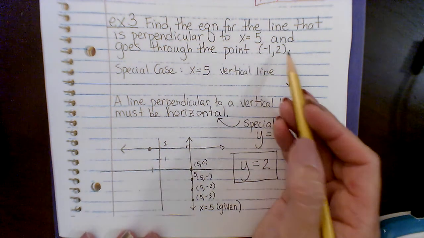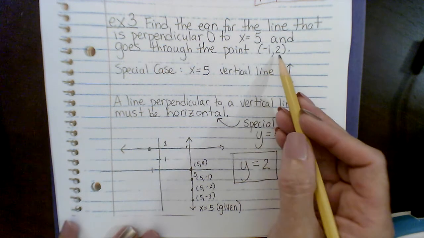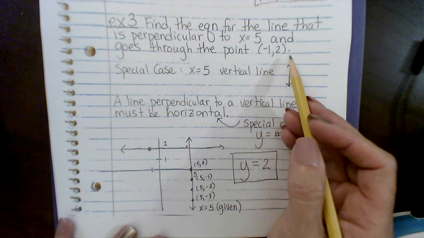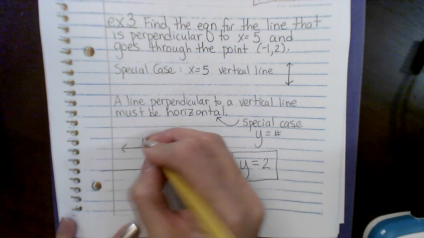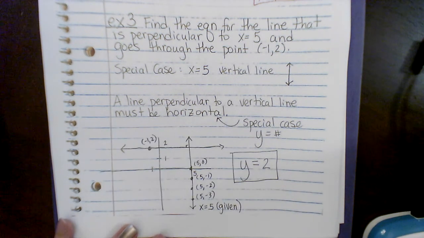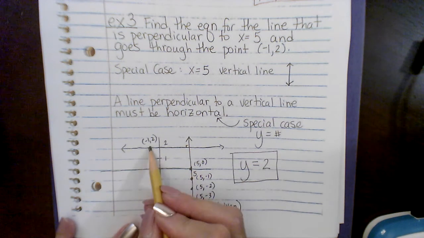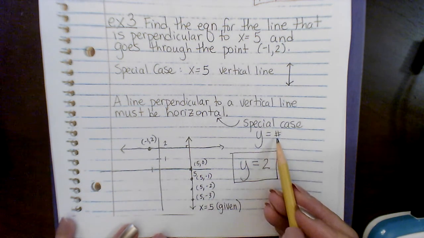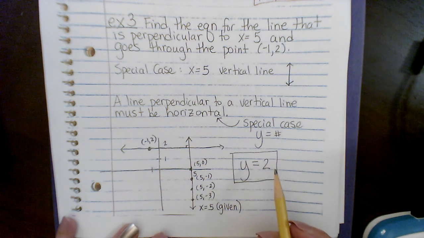Now, the specific point that was given here was negative 1, comma 2. It's that point right there. So here's that line of x equals 5. Here's the point that it's going through. We know that it's a special case, so it's going to be horizontal here.